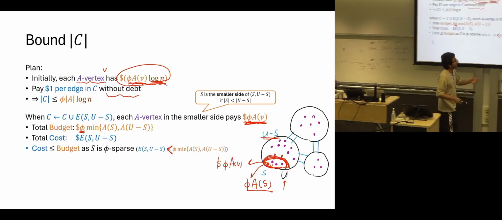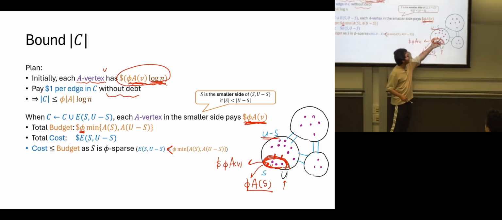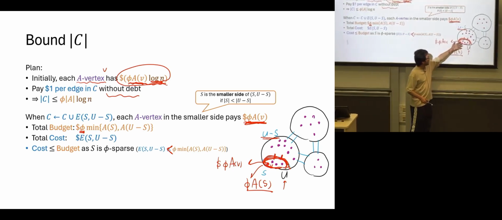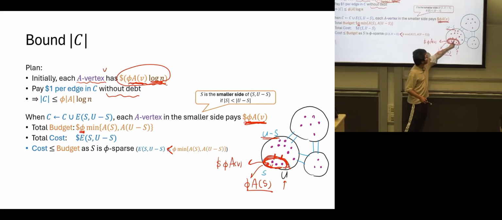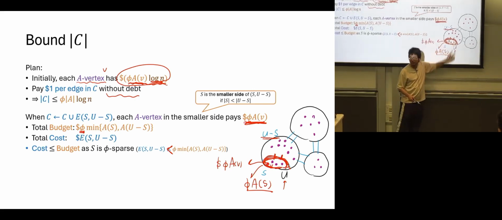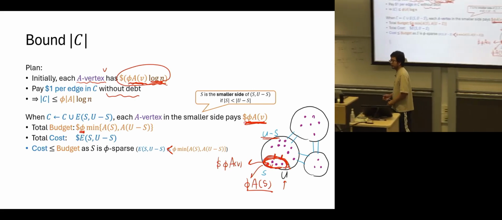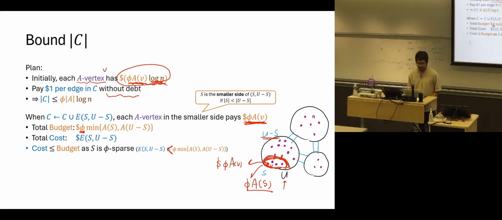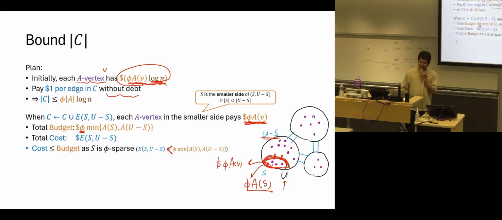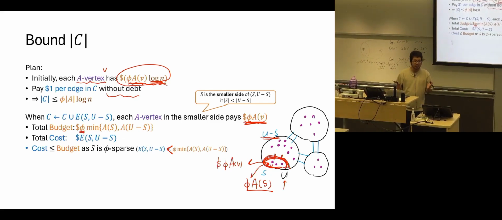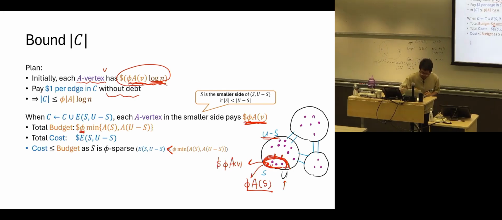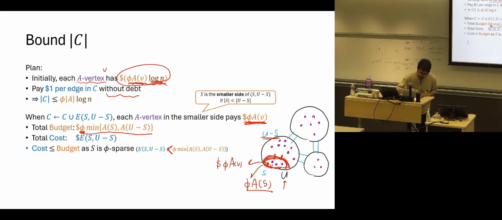I will use the money from the nodes here to pay for the new cut edges. But I need to show you that the money that I get here is enough to pay for the cost here, because this is a 5 sparse cut.